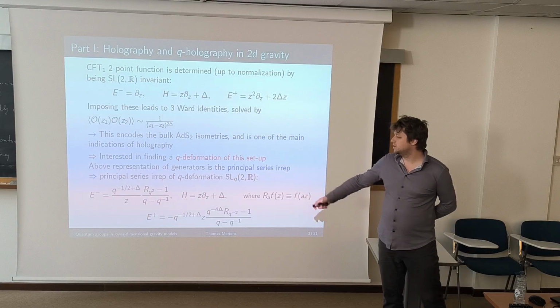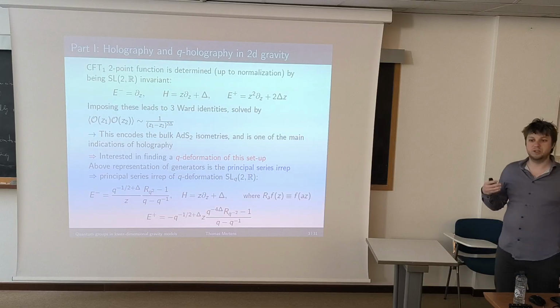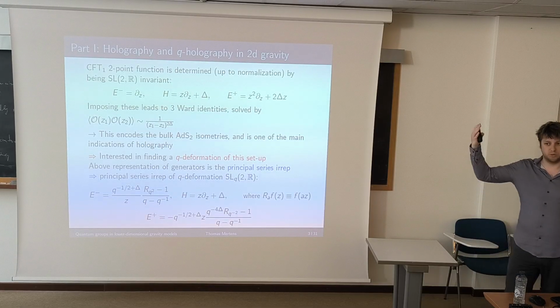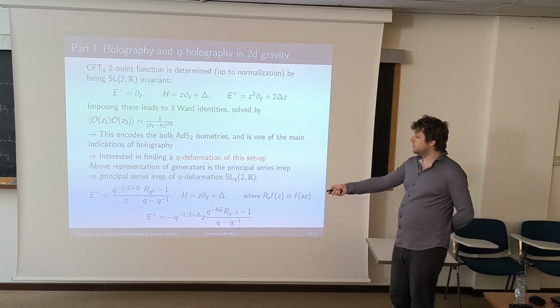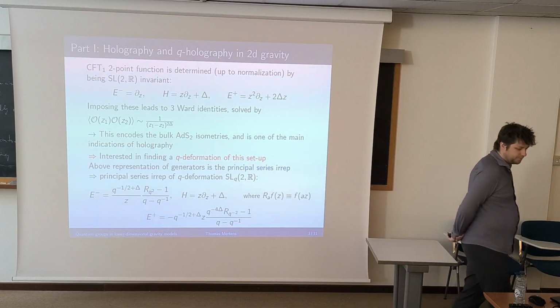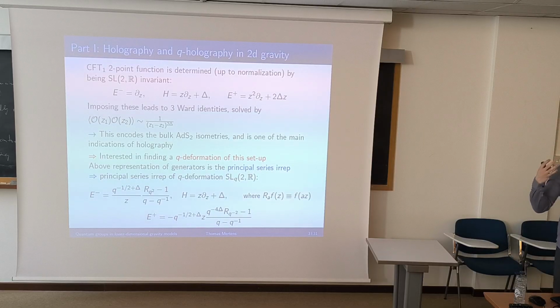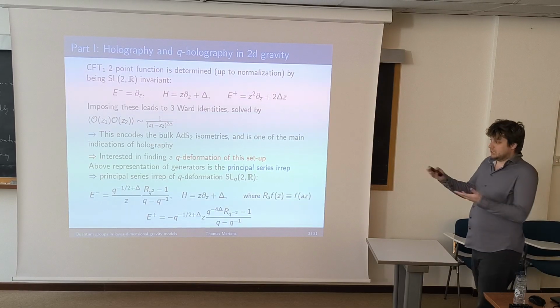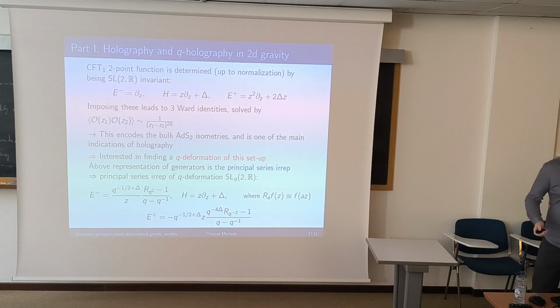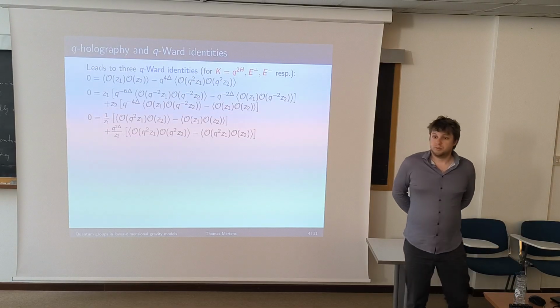If I take the limit where Q goes to 1, which is the undeformed limit where I go back to the normal SL2R, you see that I'm just reproducing the definition of the derivative here. The same thing for E plus. So this is some sort of discretization, if you want, of the derivative, and this is mathematically called a Q deformation. So these are the three generators. Now again, I want to play the same game.